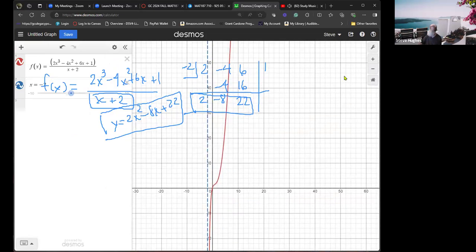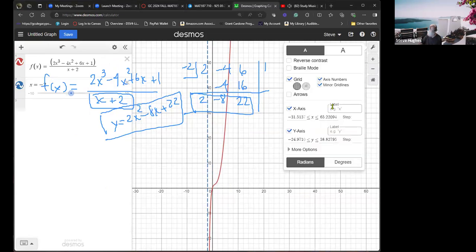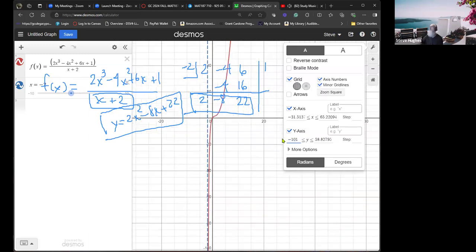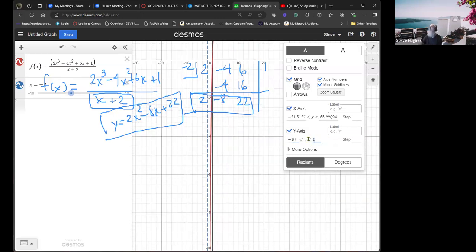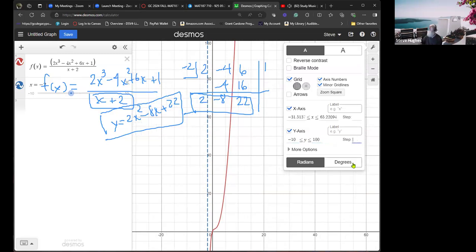All right, let's make this a little bit easier to see for ourselves. Let's let the y-axis go from -10 to 100 by 20.